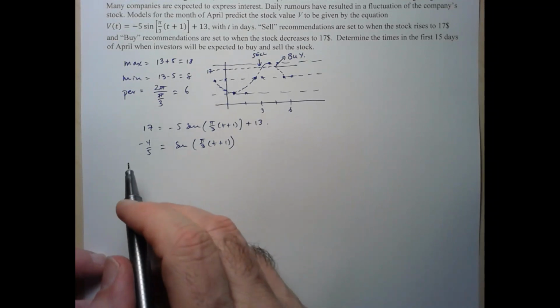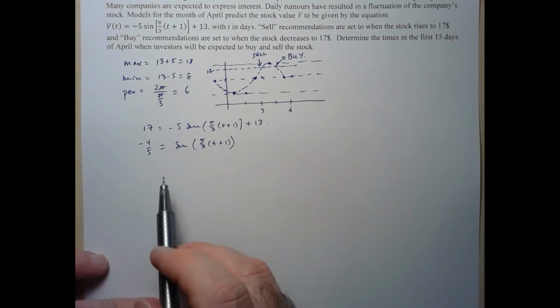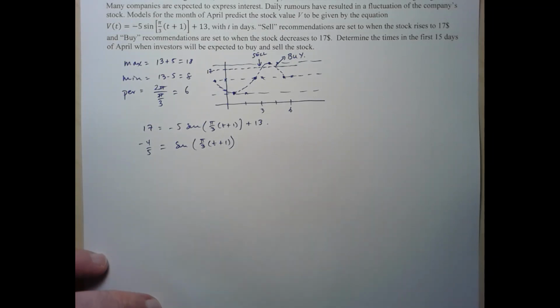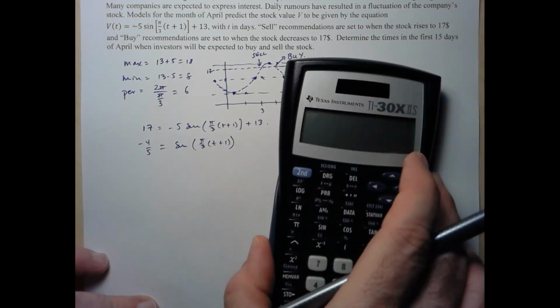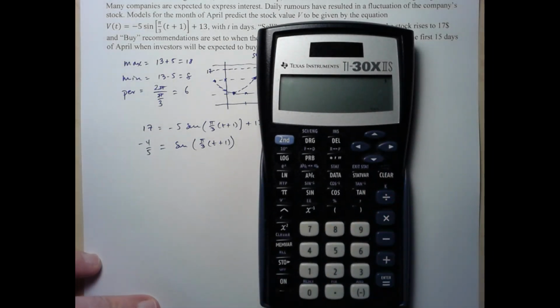Now I'm going to go through my strategy for solving a trigonometric equation once I've got it down to a single trigonometric expression equal to a number. Since I've got an application question, I'm going to want to approximate, and negative 4 over 5 doesn't correspond to a nice exact angle.